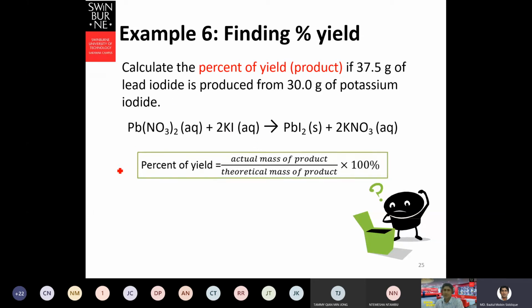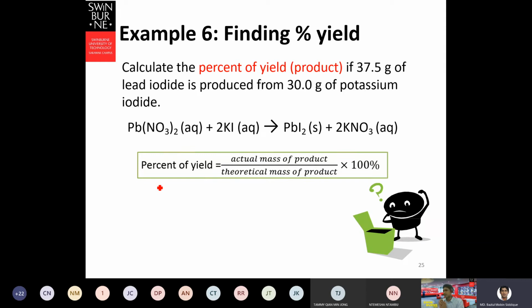Before that, we see that in all reactions it is very hard to get more than 100%. We cannot find more than 100% of the product. First of all, we cannot make 101% product, no, it cannot be. We cannot make more than that.